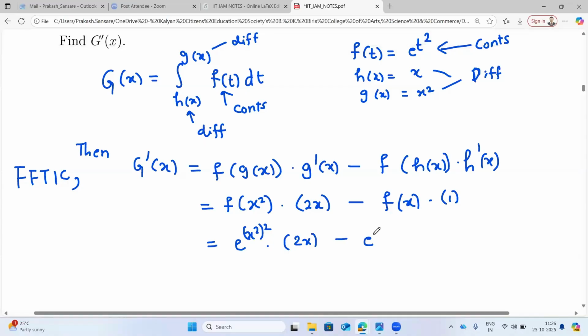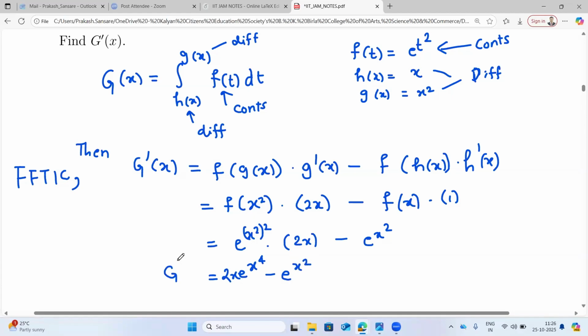So f of x square will be e to the power x square whole square, into 2x, minus f of x, which is e power x square. Now this is e power x power 4, as exponents get multiplied, and the 2x comes ahead: 2x minus e power x square.